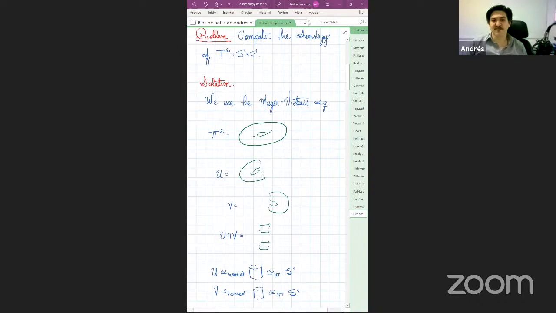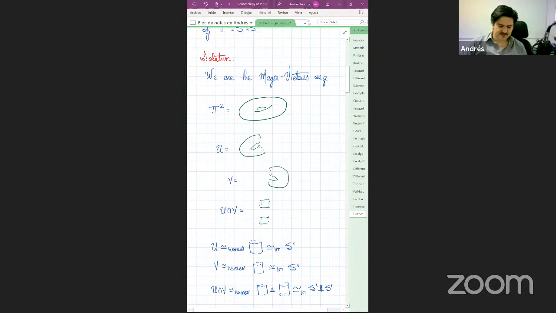And also for the intersection, which has the homotopy type of two disjoint circles, one circle here and one circle here.